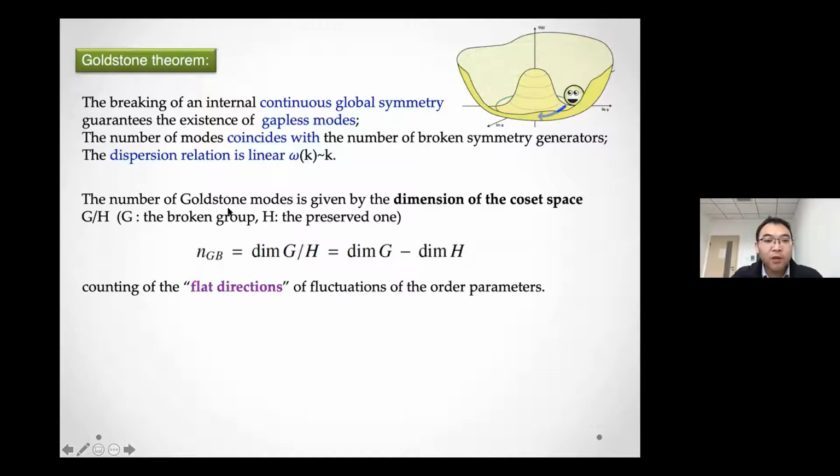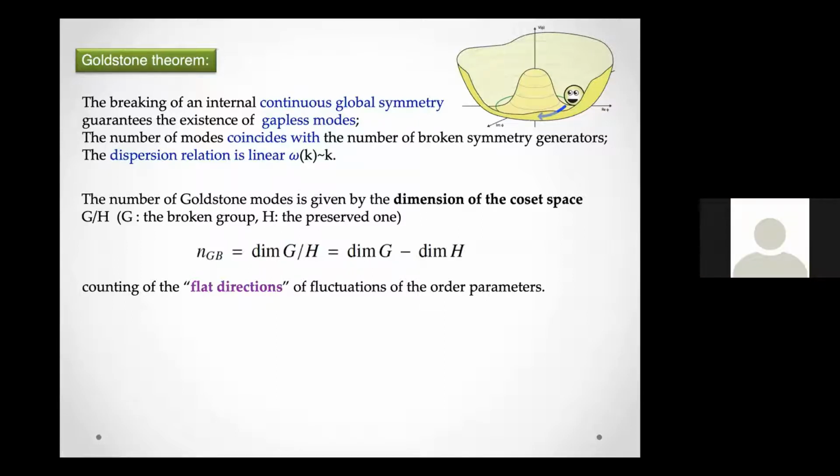The number of Goldstone modes is given by the dimension of the coset space, G over H, where capital G is the broken group and H is the preserved small group. So the number of Goldstone modes, NGB, is given by this relation. It's counting the flat directions of fluctuations of the order parameters.